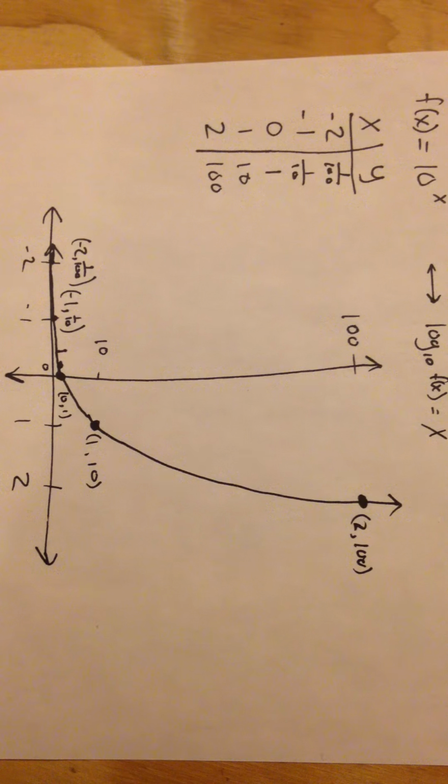There is a restriction on the range, and this is because of the asymptote. The y values can never reach negative numbers, so we would say that the range is y is greater than 0.